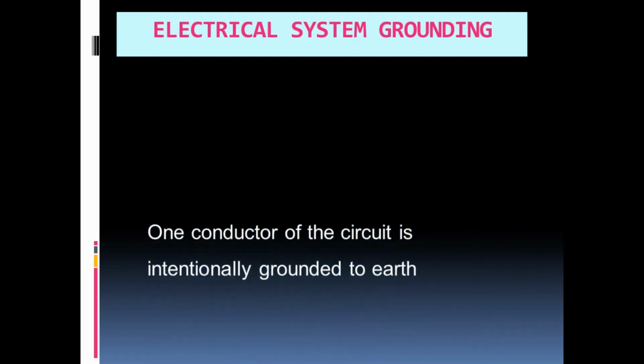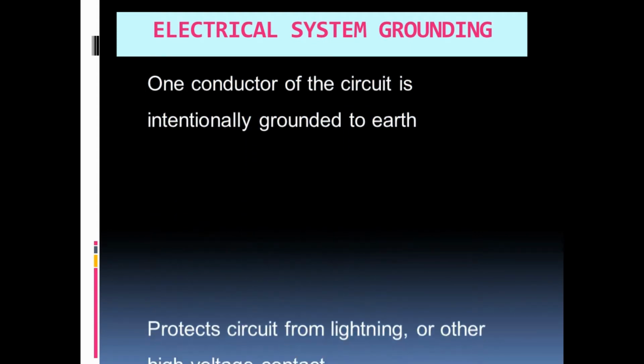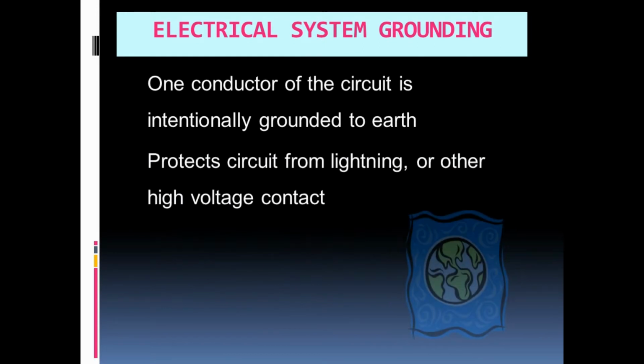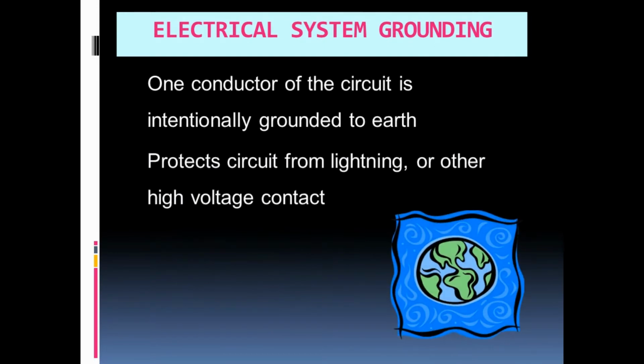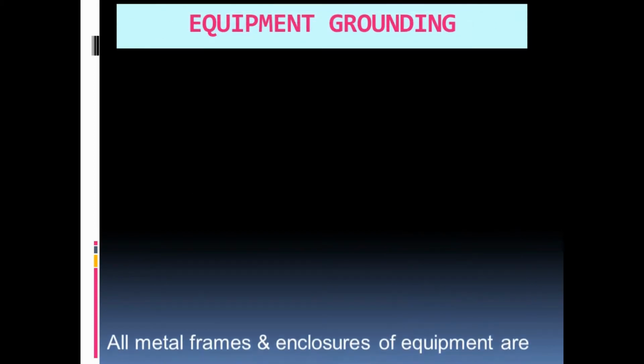Electrical system grounding. One conductor of the circuit is intentionally grounded to earth, which protects the circuit from lightning or other high voltage contact. Equipment grounding.